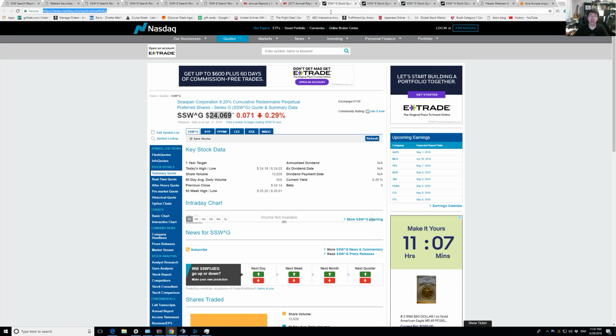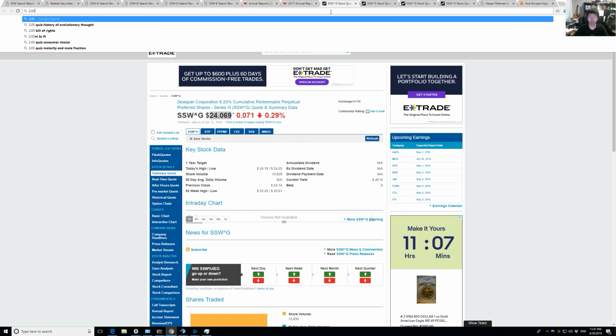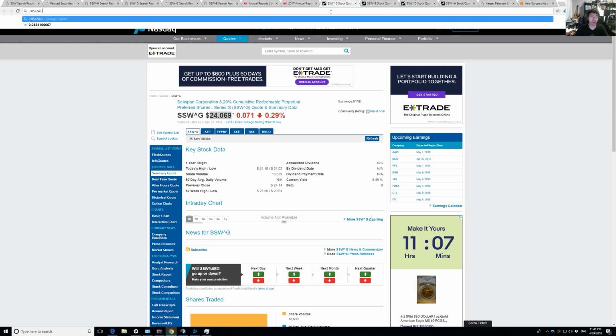So SPG, 2.05 divided by 24.069, you're getting an 8.5% dividend, which is reasonable. If this thing is stable and you can count on it paying that for the next 10 years, you're mostly at the point of no concern. Obviously, money is still money, so it's just some way of playing with your own psychology, right?